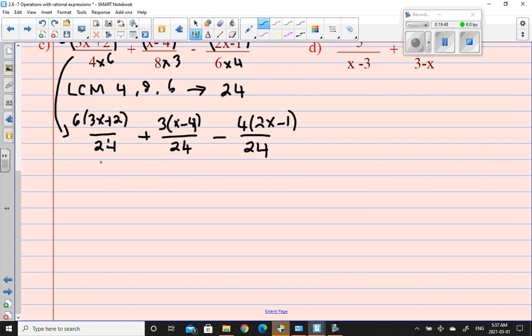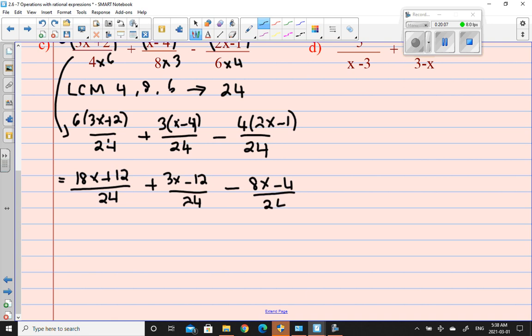Okay, so distribute them into the brackets. You get 18x plus 12 divided by 24 plus 3x minus 12 divided by 24 minus 8x minus 4 divided by 24.